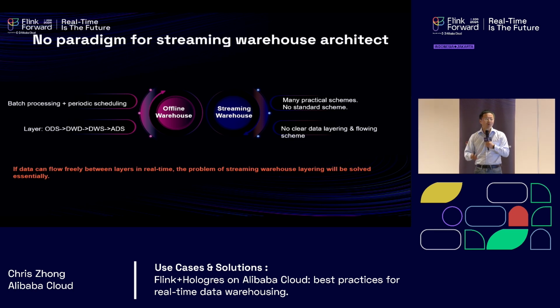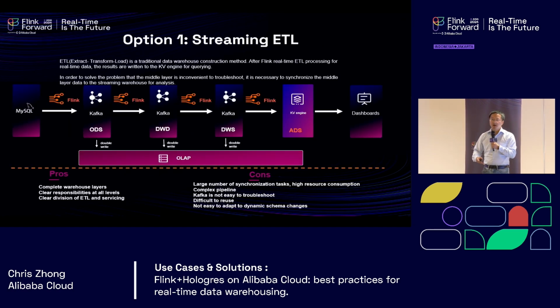I think one principal problem we need to solve is to make the data flow transparently and flexibly across the layers and make the data usable. So let's first have a look at some traditional options to build a streaming warehouse.